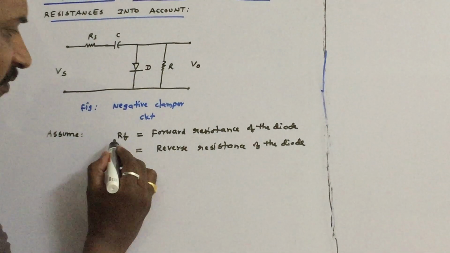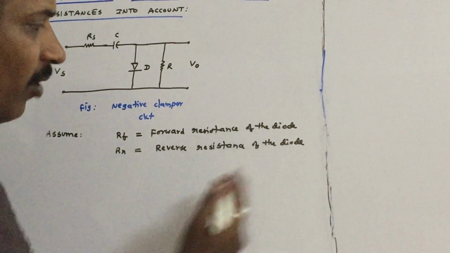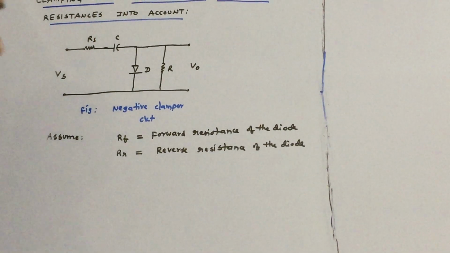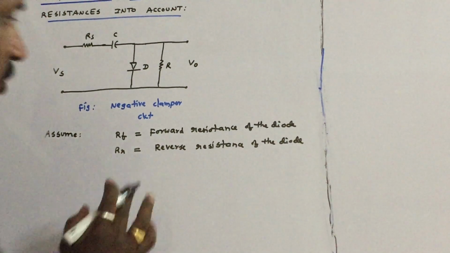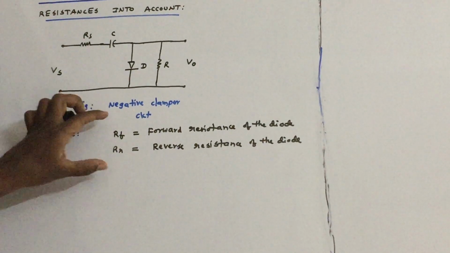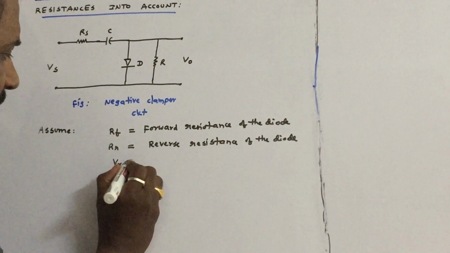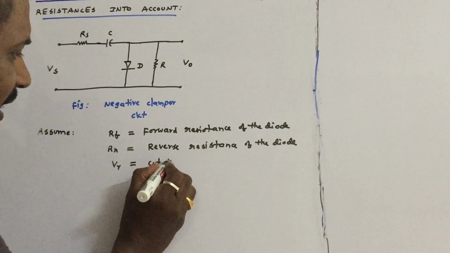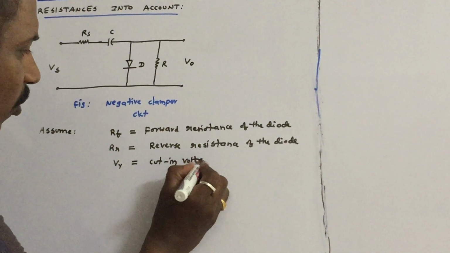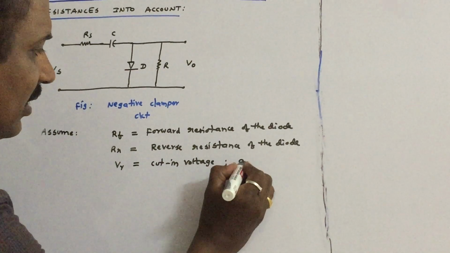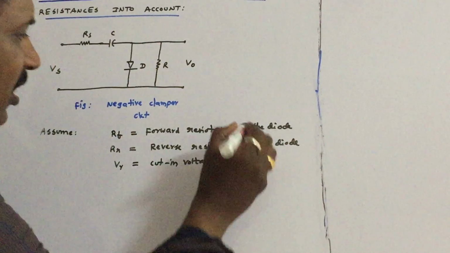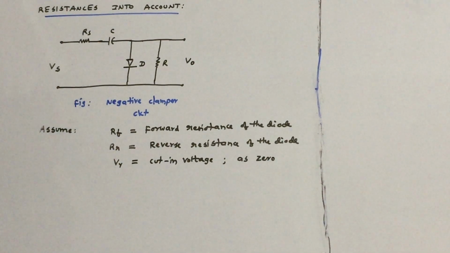Generally the forward resistance Rf is in the order of 50 to 100 ohms. The reverse resistance is very high, in the order of mega ohms. You have to remember this from the basic characteristics of the diode. And assume the cut-in voltage V gamma of the diode is 0 in the coming discussions.